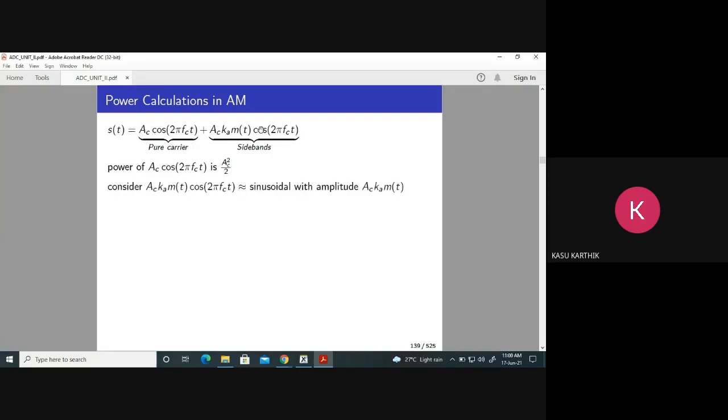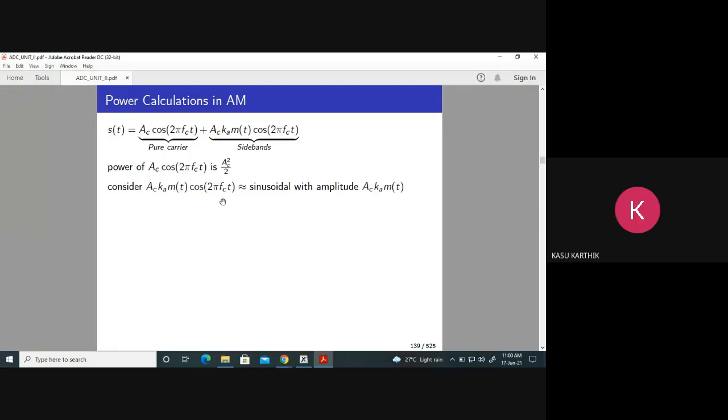Next, let me take this sideband term. Now I can say that we have m(t) as well as cos 2 pi fc t. Both are time functions, but the frequency of m(t) is much less than the frequency of the carrier fc.